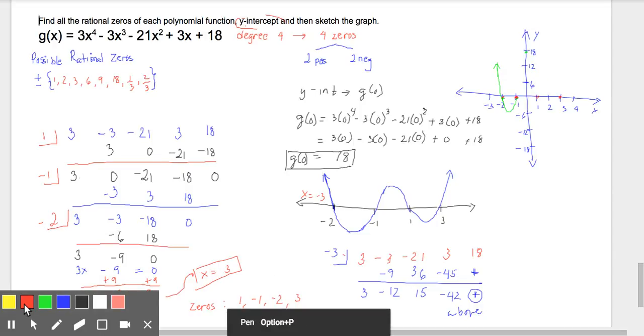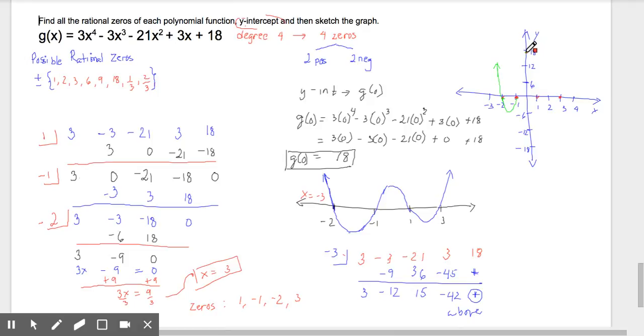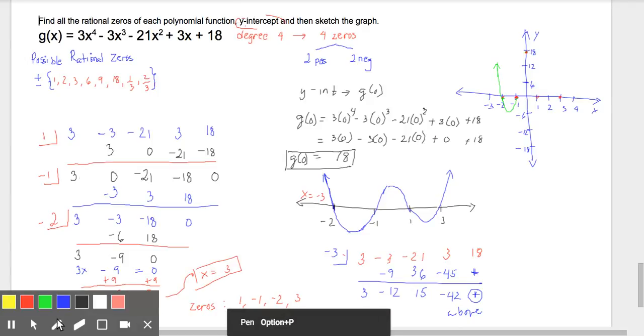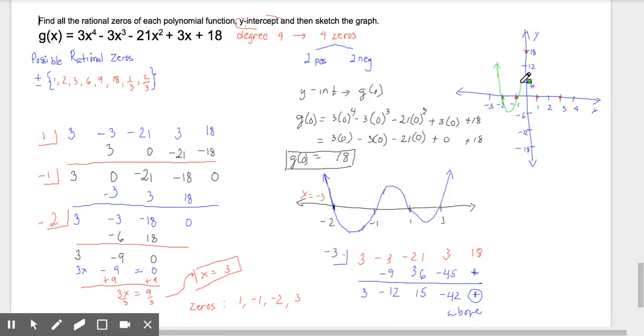Let's mark that with red. Y-intercept, and then the graph will keep going up and then come down, touch 1, and then go back up. There's the graph of g of x.